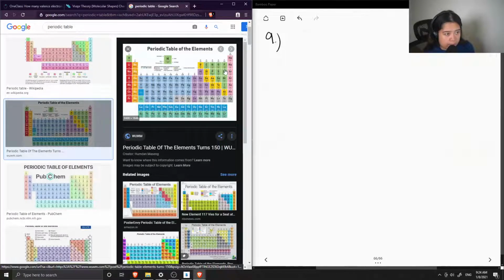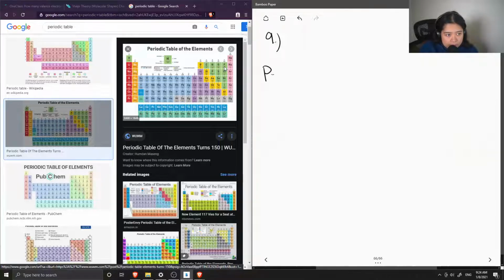So fluorine, bromine, chlorine, and iodine, they're all found in group 17. So in group 17, they all contain 7 valence electrons.